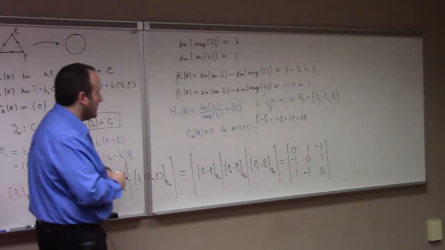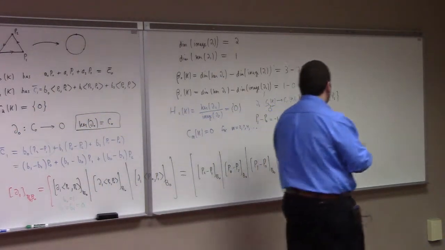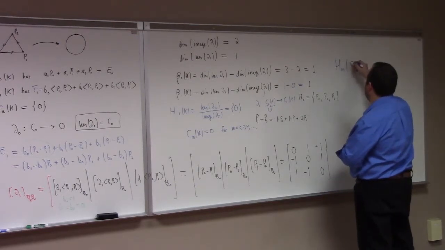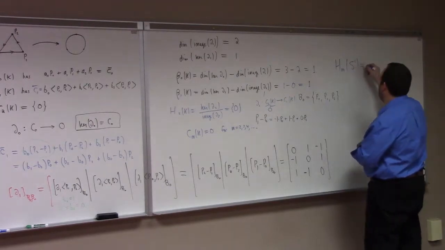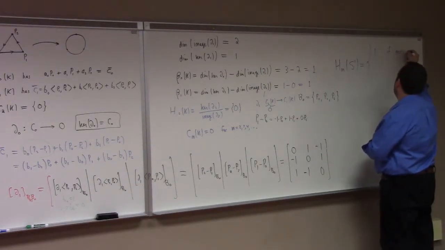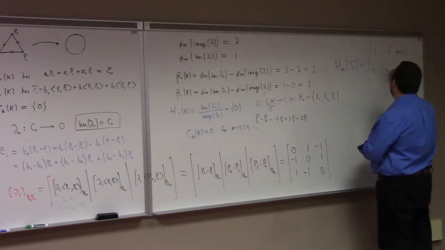So in summary, what we have shown is that the mth homology of the circle is equal to 1 if m equals 0 or 1, and it's 0 if m is greater than or equal to 2.